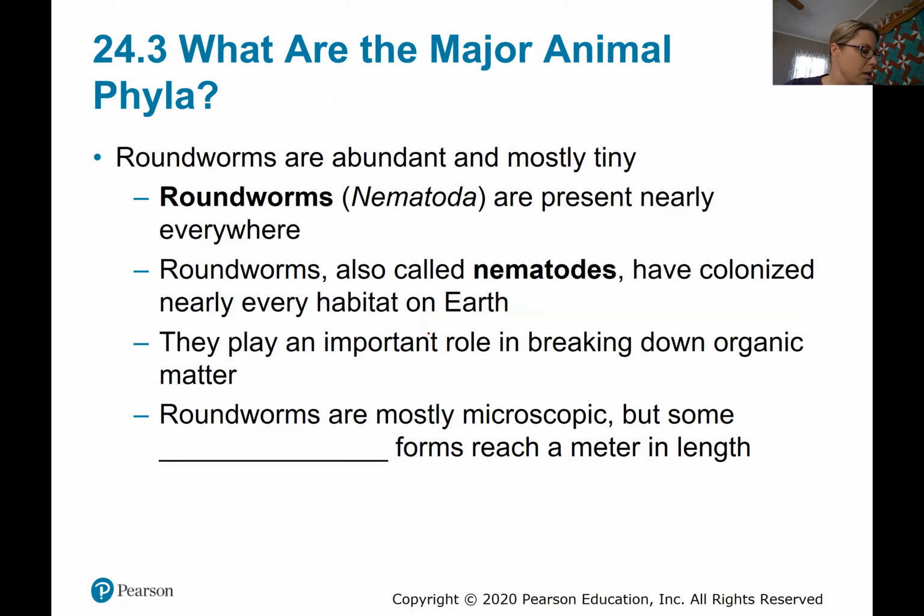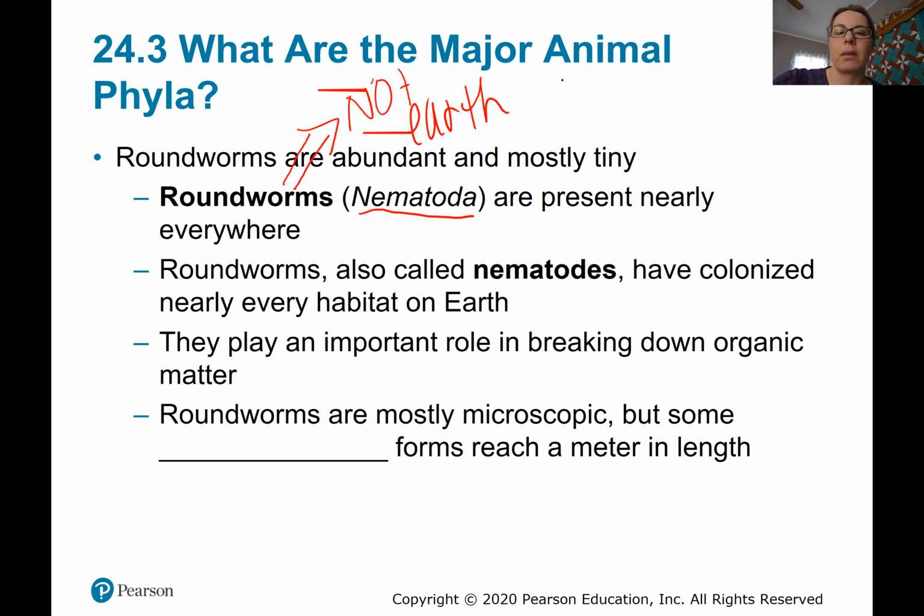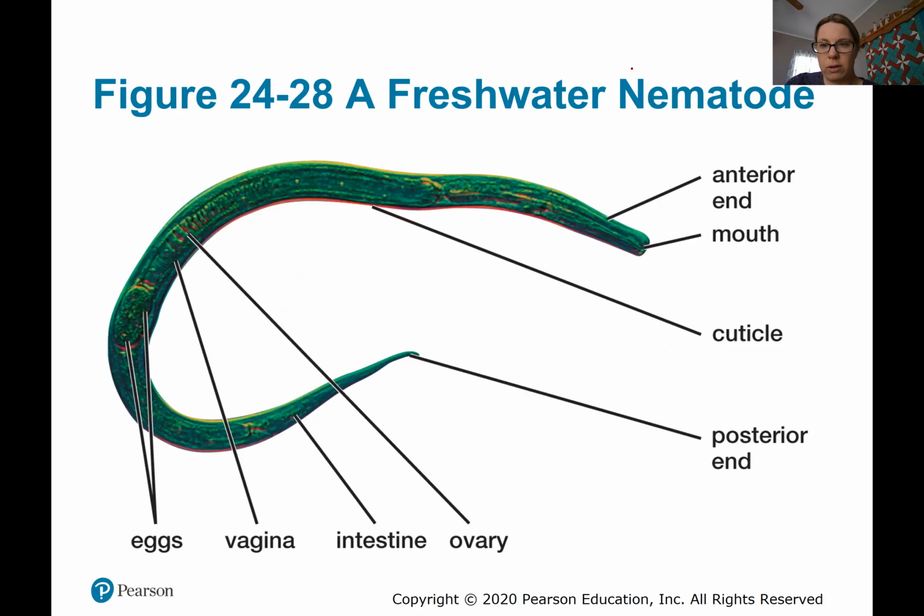Okay. And then that brings us into the next phylum, phylum Nematoda, or the nematodes. And these are the roundworms. And remember, earthworms are round, right? But they are in phylum Annelida, okay, because they're segmented. These worms are not, they do not have segments.